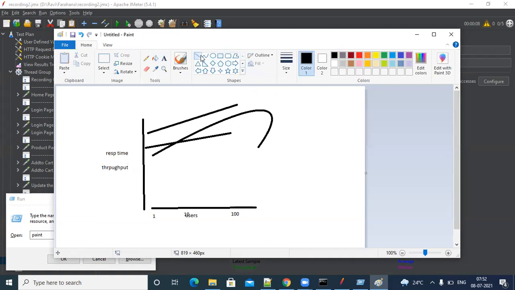In this case, it always starts from 1, because 1 user is 1 request, 10 users 10 requests, 100 users 100, 1000, because it keeps increasing along with the users. At the point where the value is not increasing correspondingly and starts decreasing, assume that, even though the users are increasing, your throughput is decreasing.